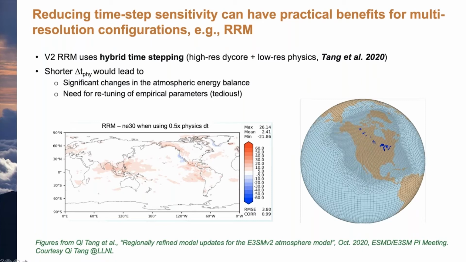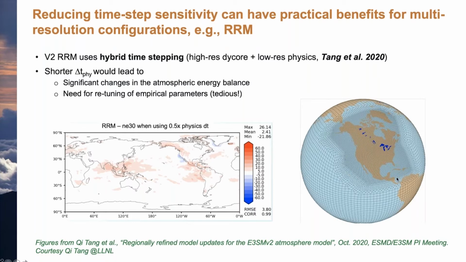He noted that in the V2 RM configuration, a so-called hybrid time stepping is used, which means in order to accommodate the higher horizontal resolution in the refined region, the dynamical core uses a shortened step size, but the physics parameterizations still use the longer step size used by the default low resolution 1 degree model.